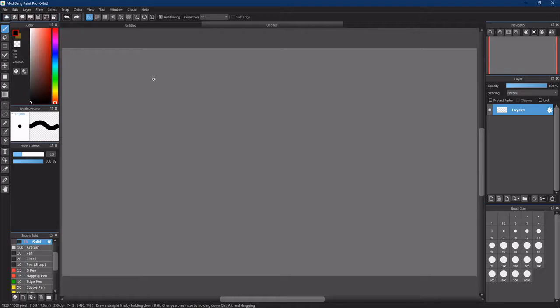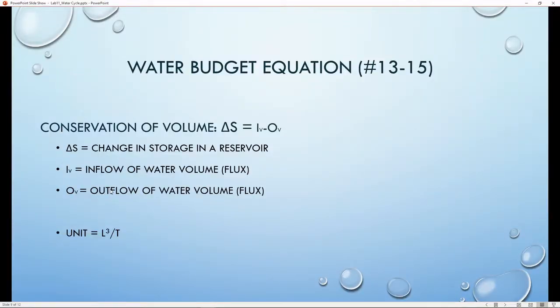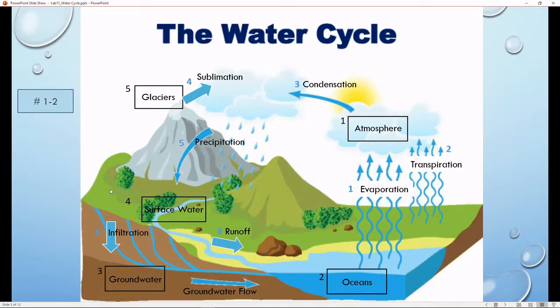Okay, so if we're looking at the ocean, you can reference that hydrologic cycle to figure out what pathways are moving into or out of it. So first, we have a change in storage, and then let's figure out those inflows. If you look at that hydrologic cycle diagram, let me go back a few slides here.